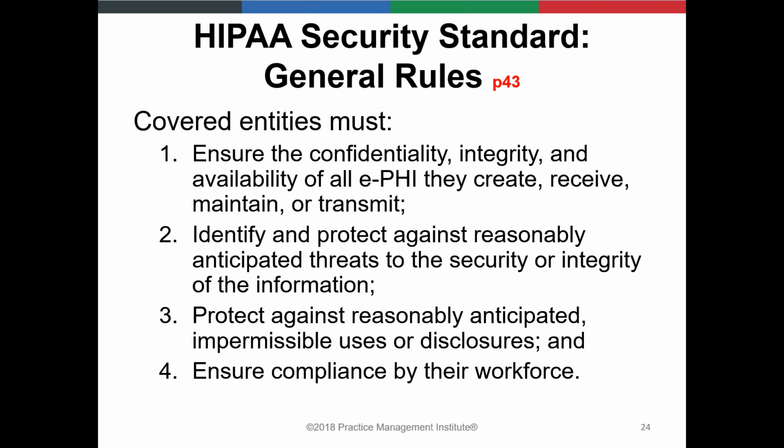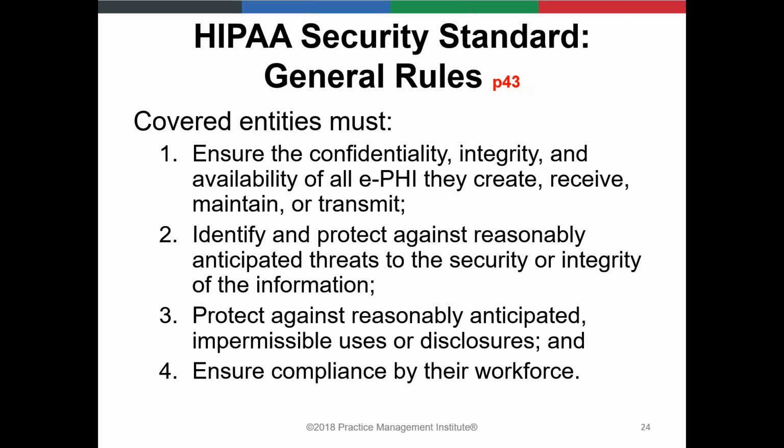So under the security standard, HIPAA now has two standards after the HITECH law and the high-tech rule. They have the privacy standard, which we just talked about, but now we're looking at the second part of HIPAA, which is the security standard. And the security standard relates to electronic PHI, or ePHI.